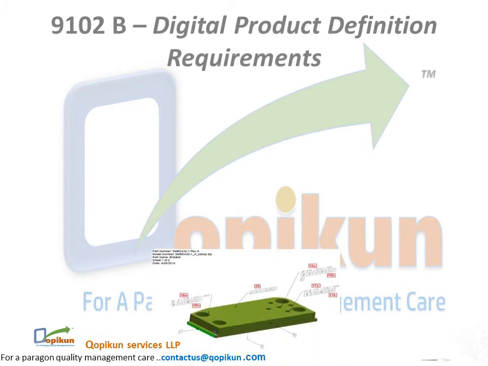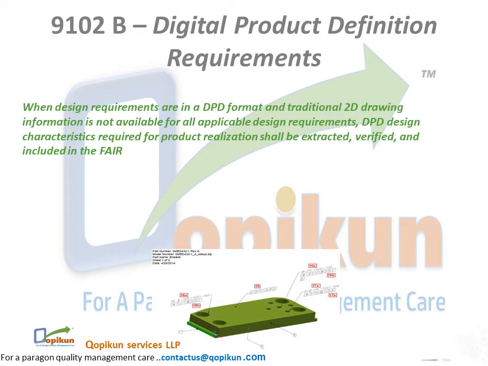9102B, digital product definition requirements. When design requirements are in a DPD format and traditional 2D drawing information is not available for all applicable design requirements, DPD design characteristics required for product realization shall be extracted, verified, and included in the FAI.